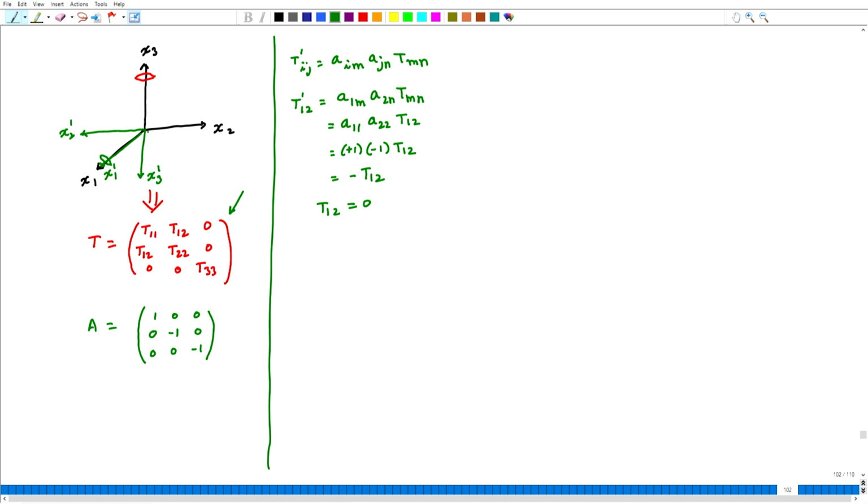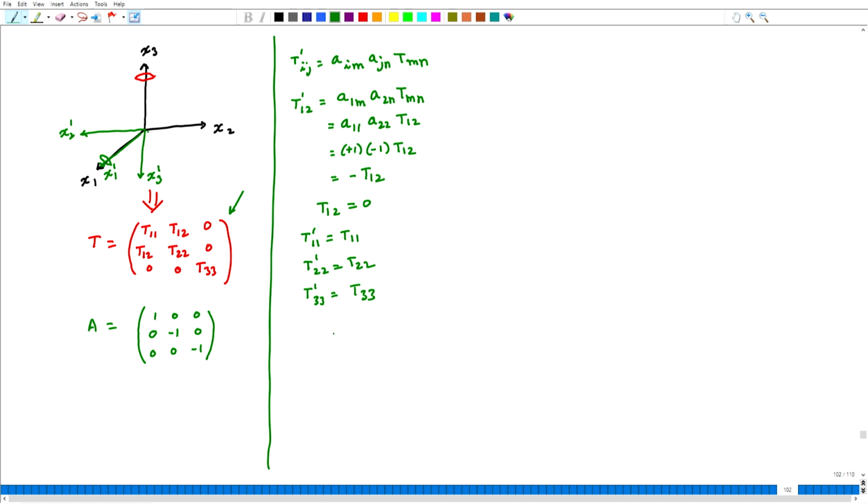Now, it is easy to show that under the transformation T prime 11 would be T11, T prime 22 would be equal to T22. I am sure you will be able to do this, and T prime 33 would be T33. So, what kind of a tensor will I get?